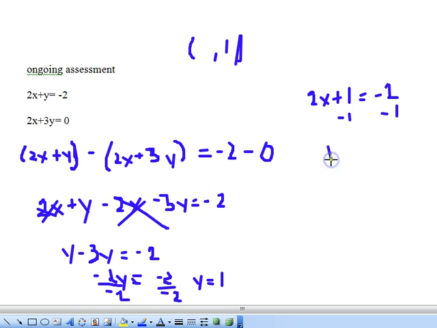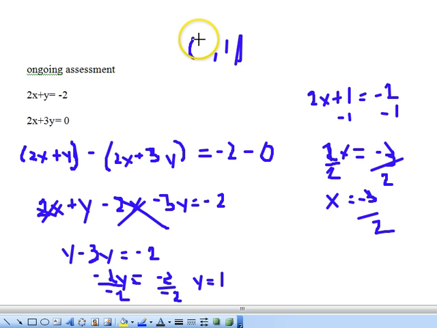And we get 2x is equal to negative 2 minus 1, which is negative 3. And then we have to divide by 2 on both sides, and so x is equal to negative 3/2.